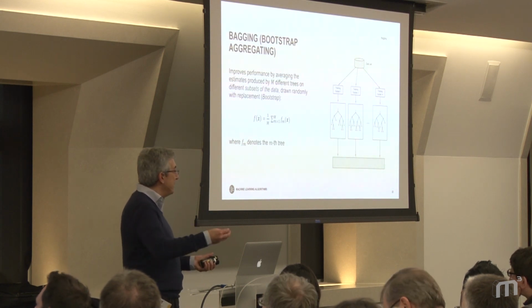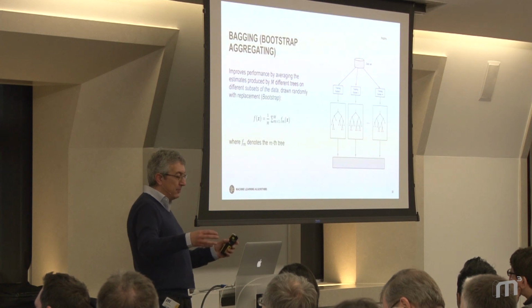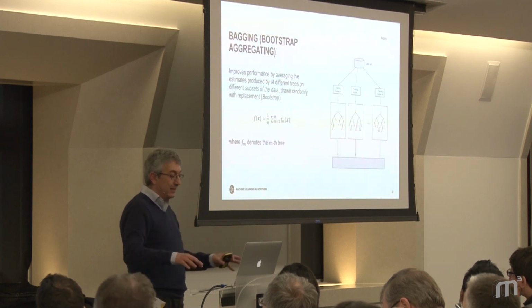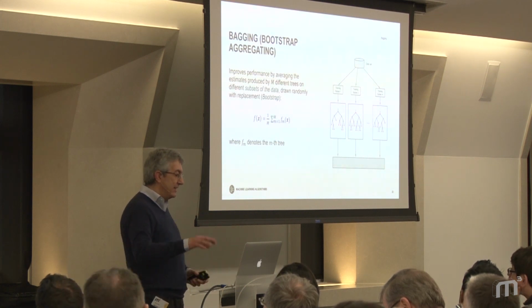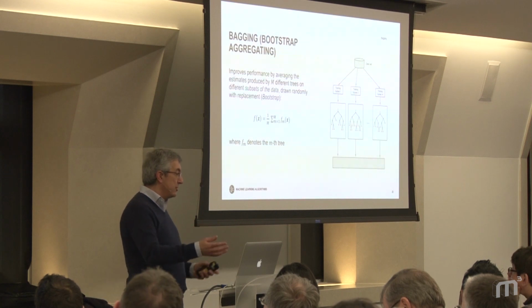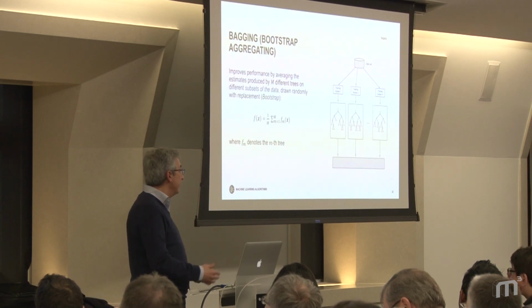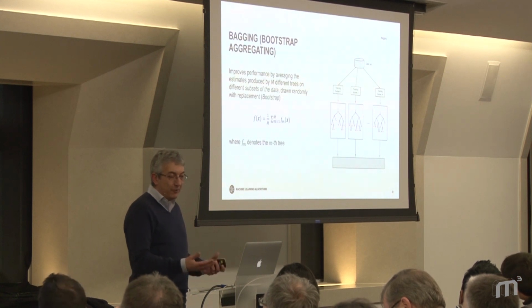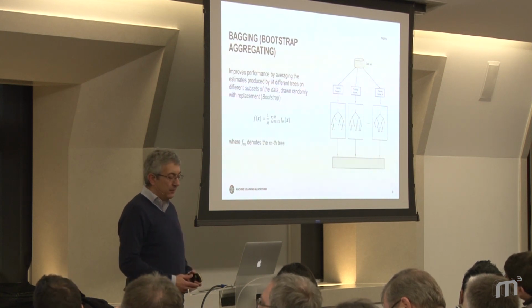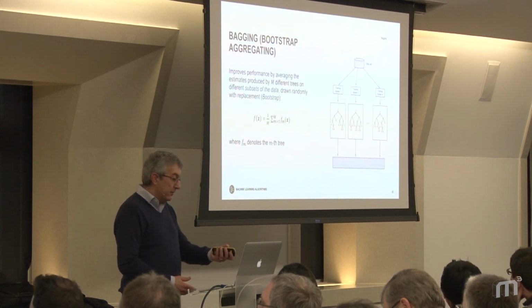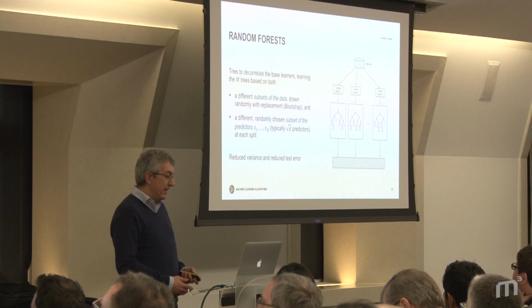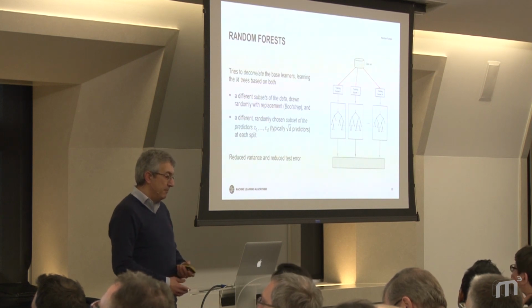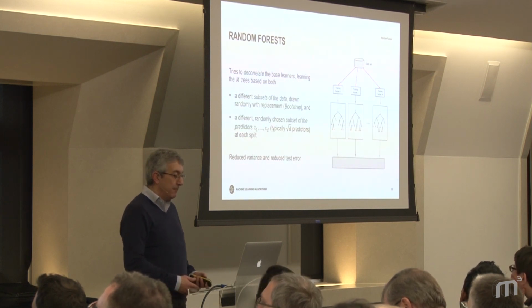The process is repeated several times until one has independently grown a certain number of trees, and at the end, for example for regression, one computes the average of the predictions made by these individual trees, and the robustness of this algorithm is dramatically improved. There are other ways of doing this, however, and random forest performs even better than bagging.